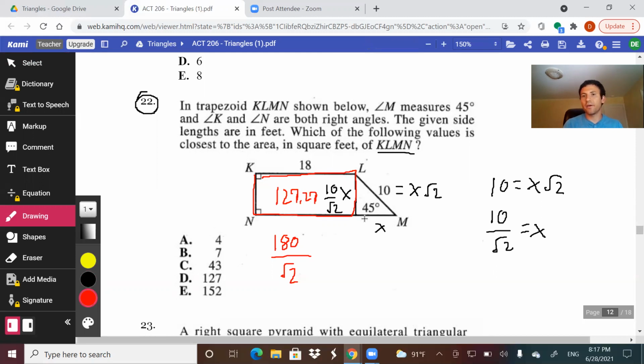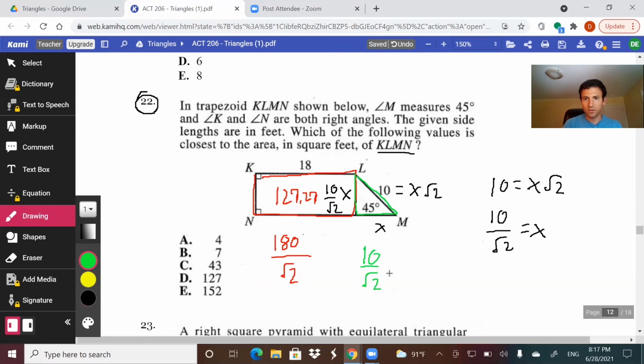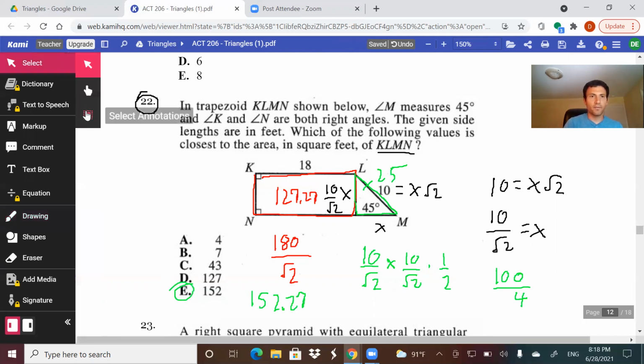And then if we want the area of this triangle right here, because it doesn't want just the rectangle, it wants the entire trapezoid, it would be 10 over root 2, times 10 over root 2, times 1/2, because it's a triangle. And what we end up with is 100 divided by 4, so 25. So we end up getting roughly 152.27. So we know it's definitely A. Awesome.